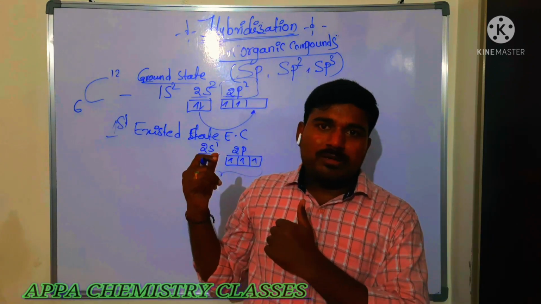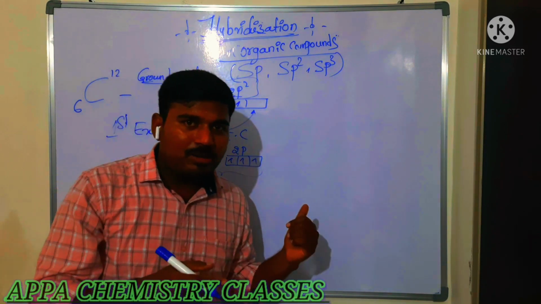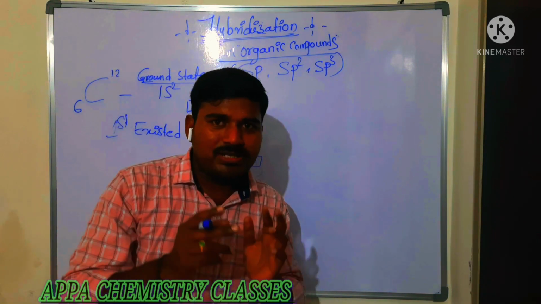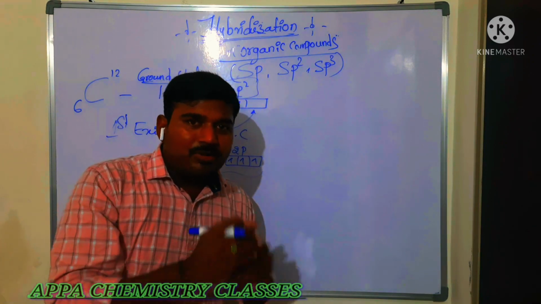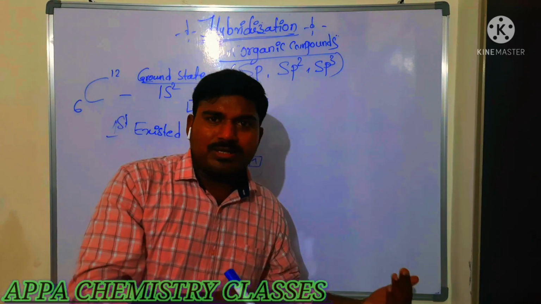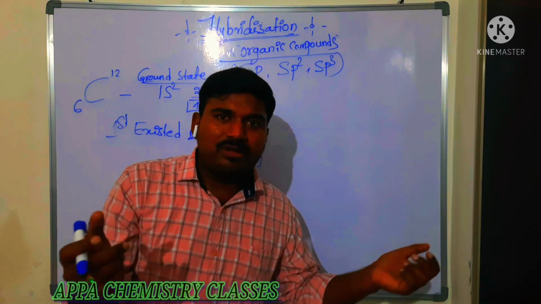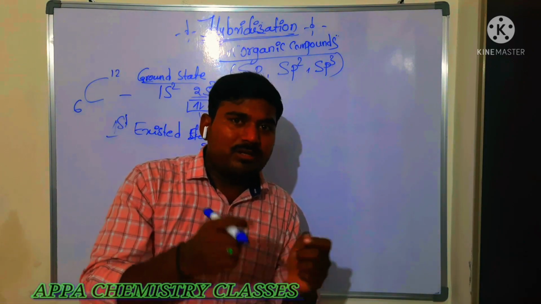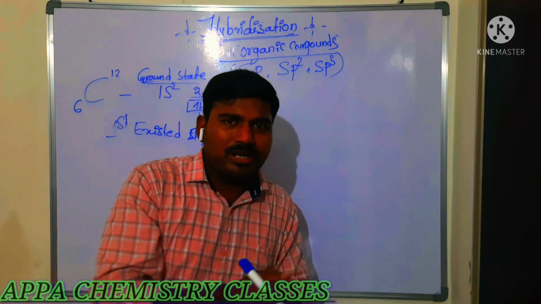Now you do remember here, hybridization is the phenomenon of intermixing of atomic orbitals which have nearly the same energy. Whenever we mix, we will get hybrid orbitals. Just like in lower classes, how we learned about grafting in plants: we take different plants, cut some places and fix them together, and we do hybridization.